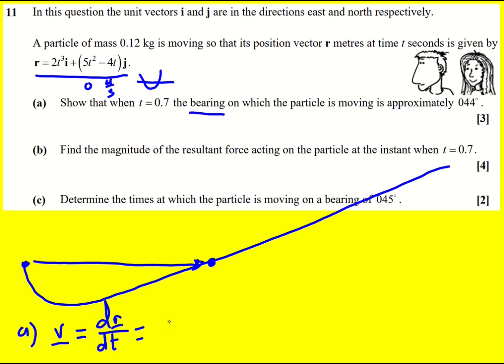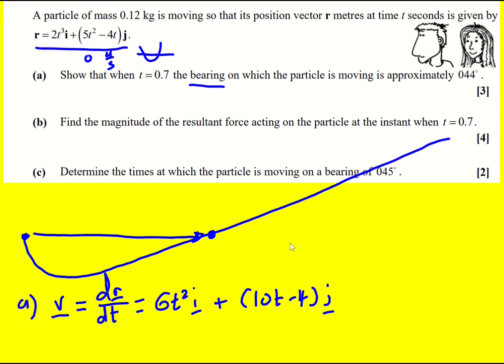So differentiate, I'm going to get 6t squared i, and then over here, next I'm going to get 10t minus 4 j. And I want to know what's happening when t is 0.7.